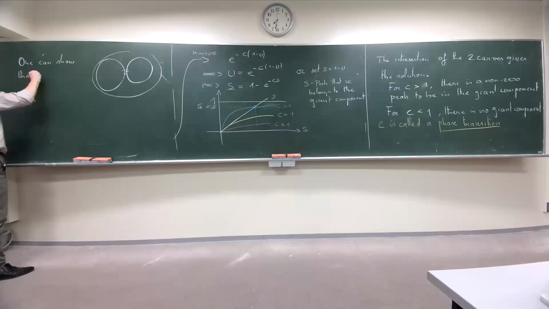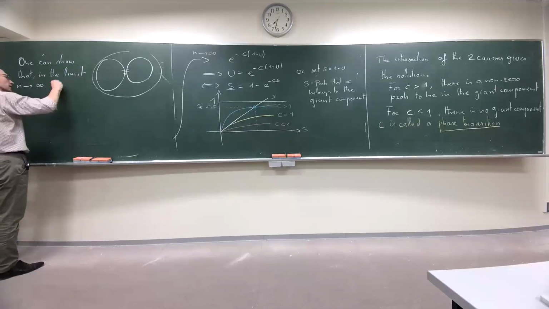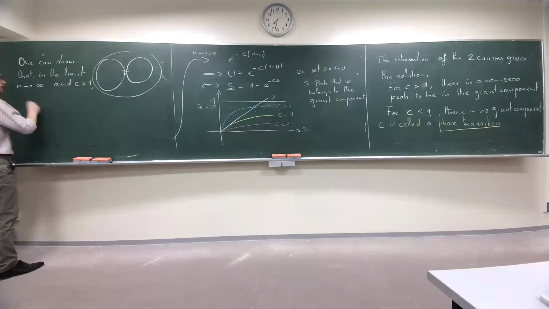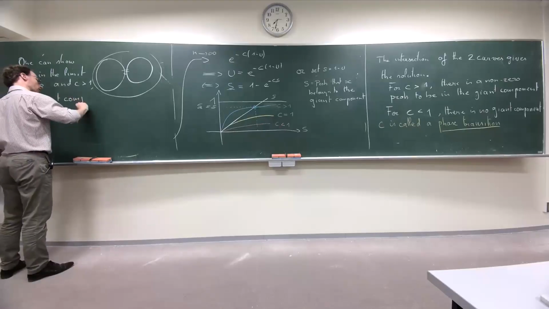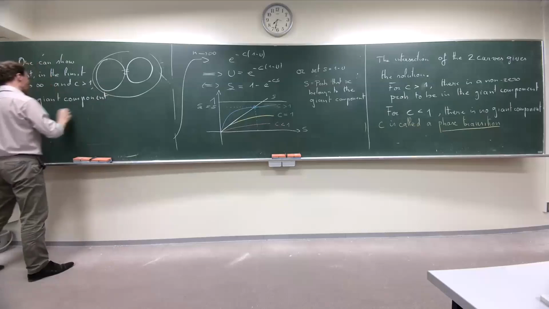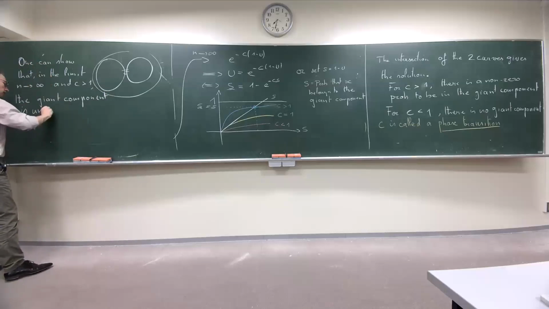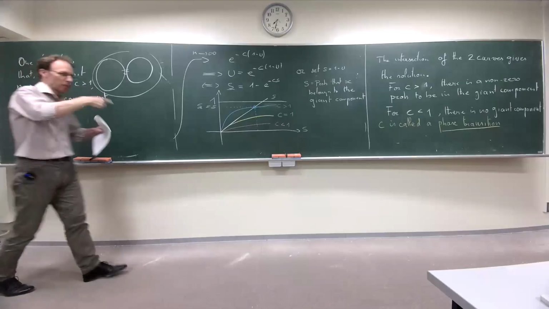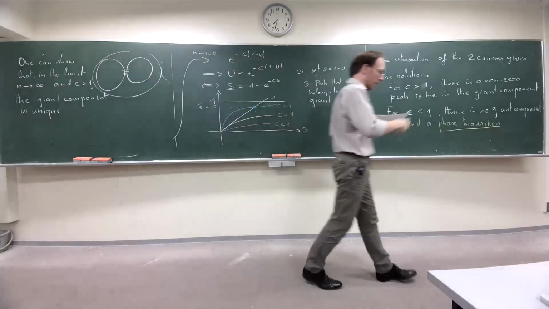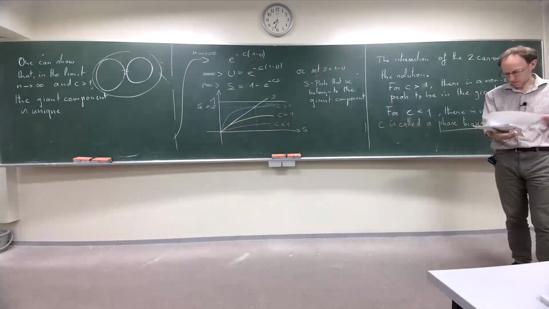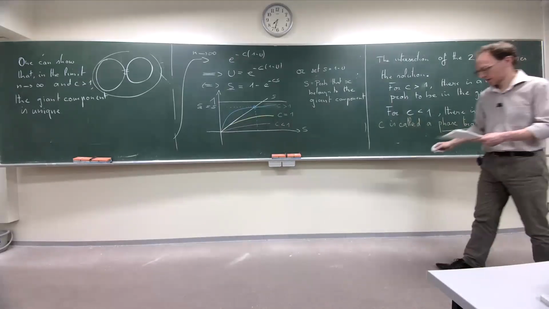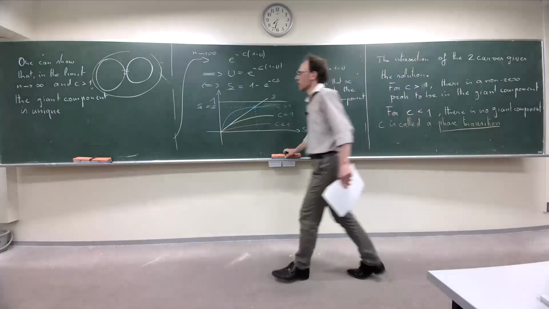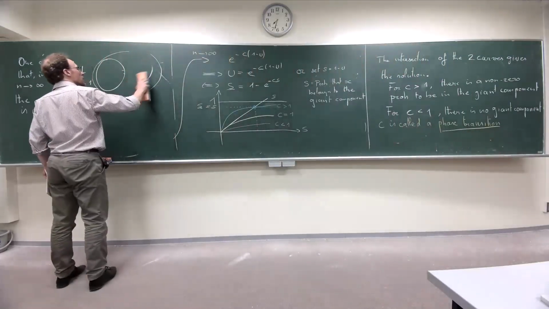In the limit n goes to infinity and C bigger than 1, the giant component is unique. Because if you have 2, the probability that they touch is 1. This is just a small remark. Okay, so we have only one giant component.